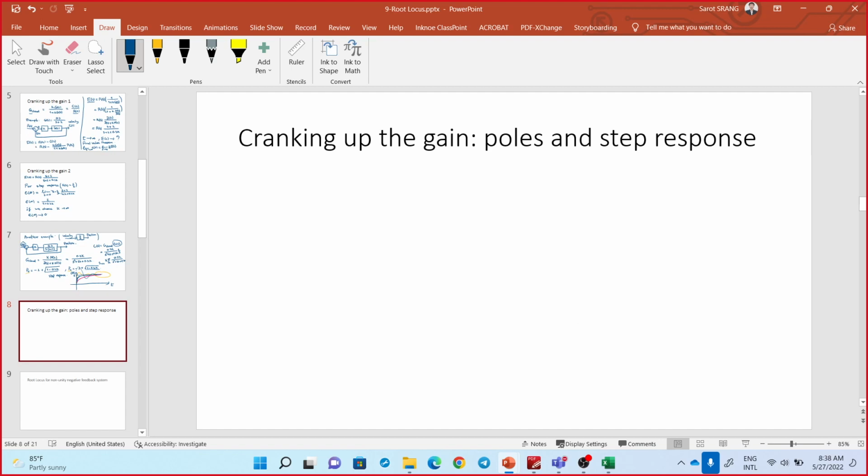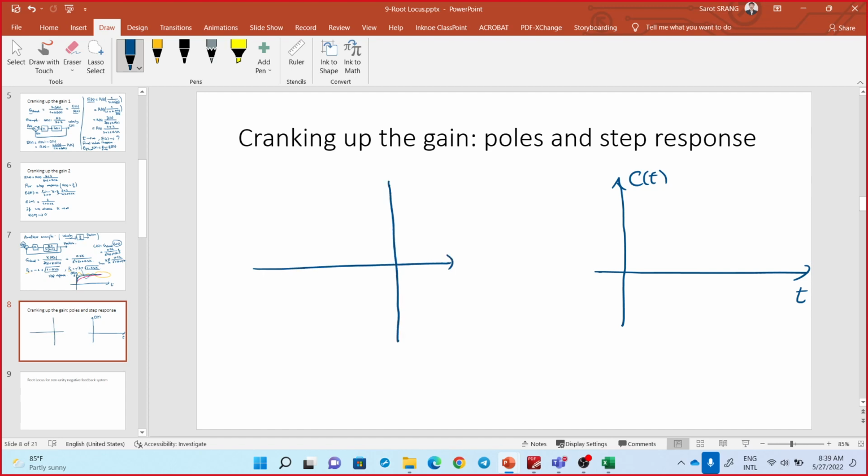I put here a set: one side for the step response, c of t, and another side is the root locus. This one is the complex plane, real number, imaginary number.